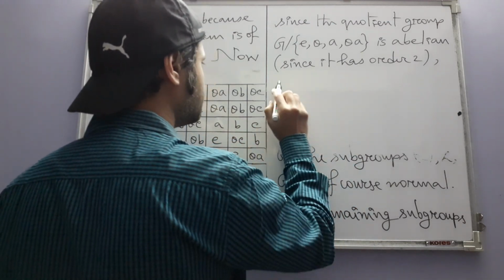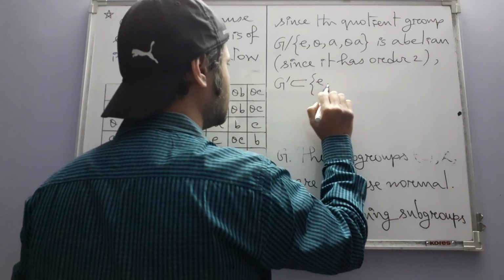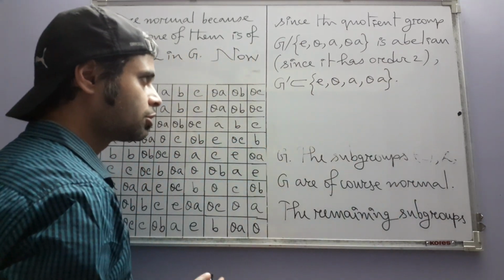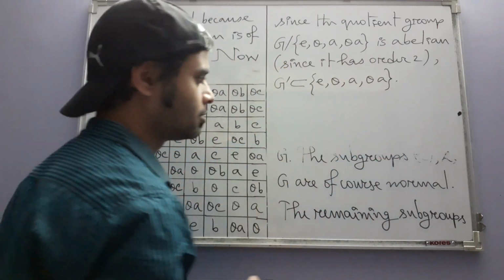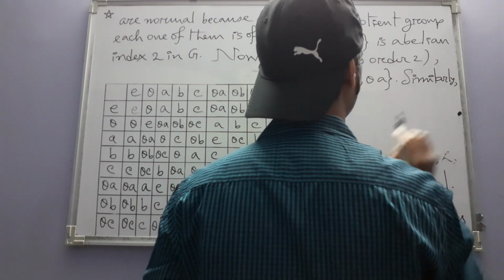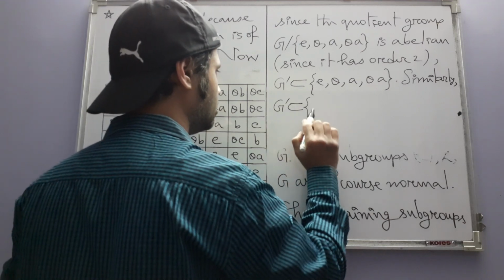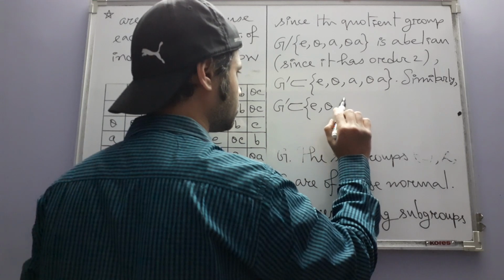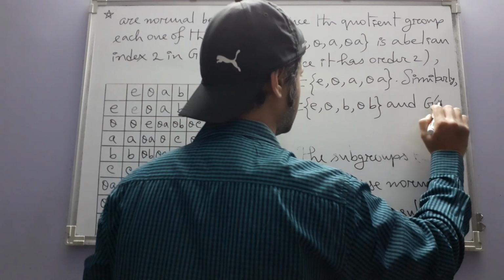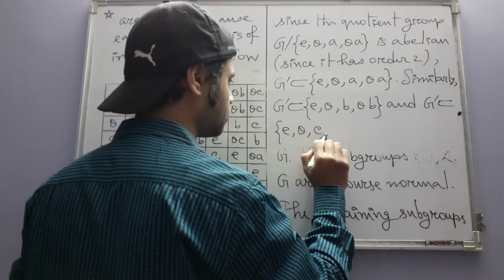So because of this, the commutator subgroup is contained in this. Similarly, we could have done this for the other two also. G prime is contained in the second one, and G prime is also contained in the third one.